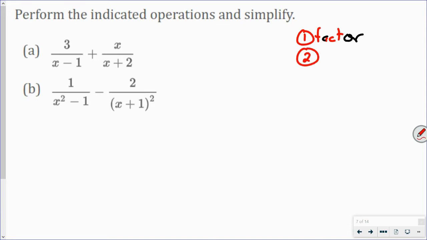Number two, you're going to find the common denominator, which is the least common denominator, or the least common multiple on the bottom. And then number three, you're going to do domain restriction. And then you can look at the operation.